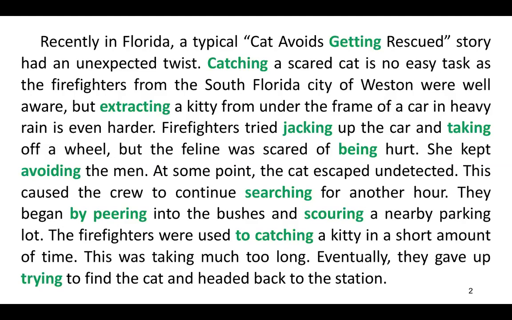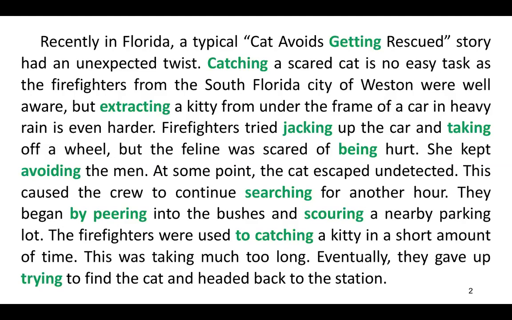Firefighters tried jacking up the car and taking off a wheel, but the feline was scared of being hurt. She kept avoiding the man. At some point, the cat escaped undetected.